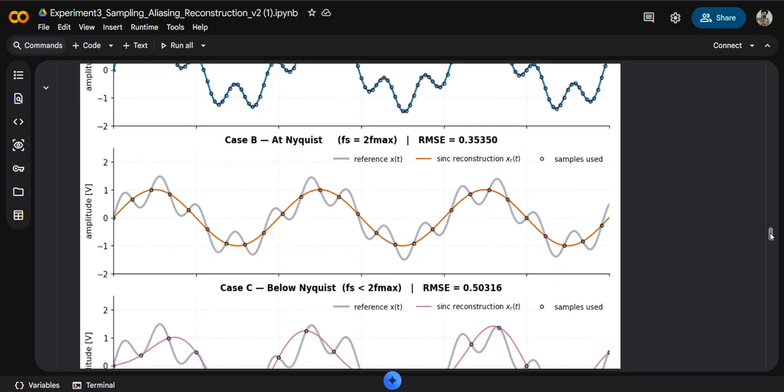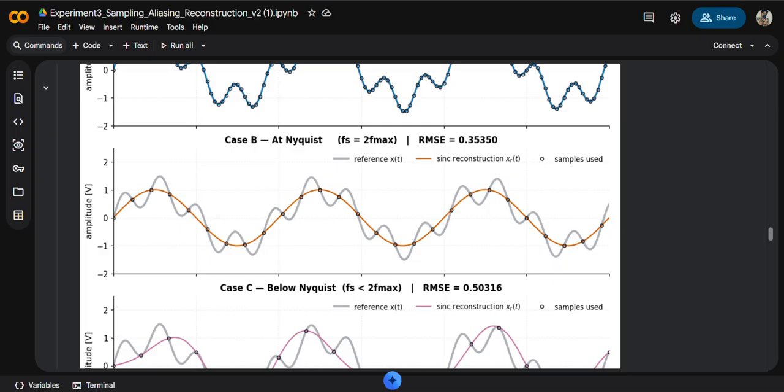The time graph: look at where our samples landed for the slow 5.0 Hz wave. We still have a shape, but for the faster 22.0 Hz wave, the dots are landing exactly on the zero crossing, the middle line. Because sin(πn) equals 0 for every sample, we completely miss the peaks and valleys.